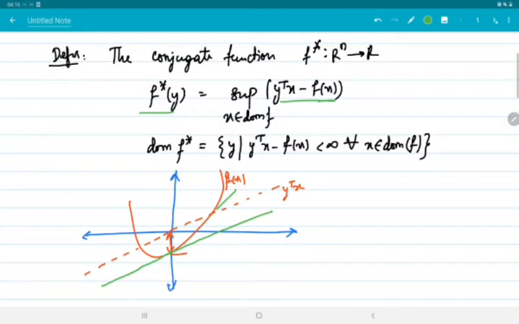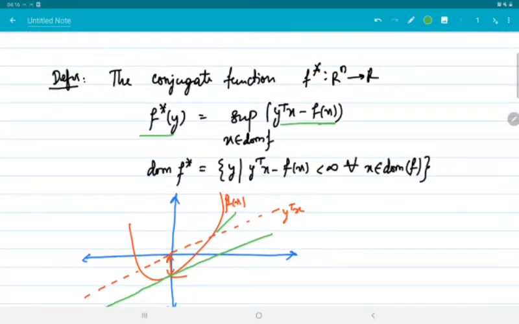So essentially, even if f(x) is non-convex, some weirdly behaving function, this supremum maximizes over x, and therefore it is a function in y. It's linear in y, so it doesn't have anything to do with the nature of f(x).